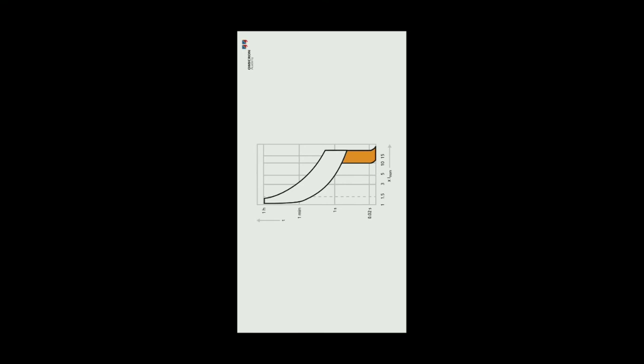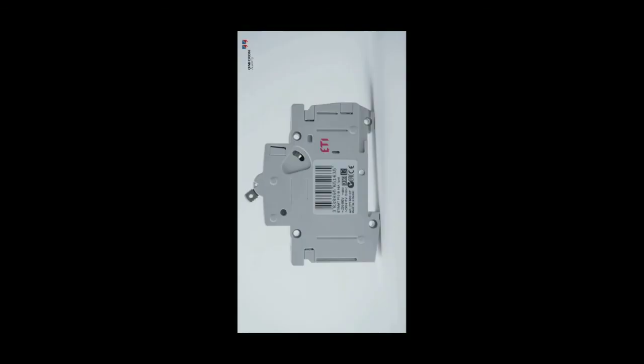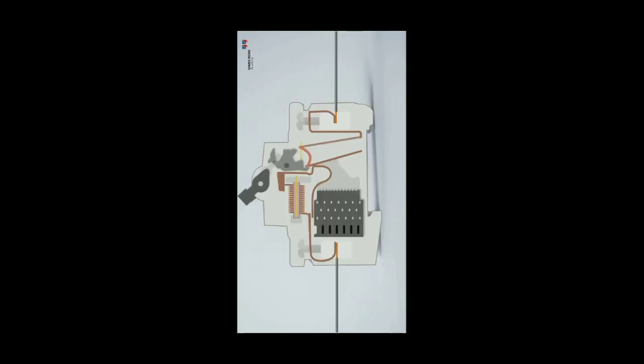Different tripping characteristics for MCBs exist, such as D or C, with B being the type most commonly used. For instance, a B1 rating means that the MCB will instantaneously trip currents between 3 to 5 times the nominal current, with the nominal current being 1 amp. Inside of an MCB, the path the current is taking across the closed contacts is visible, as are the tripping components.